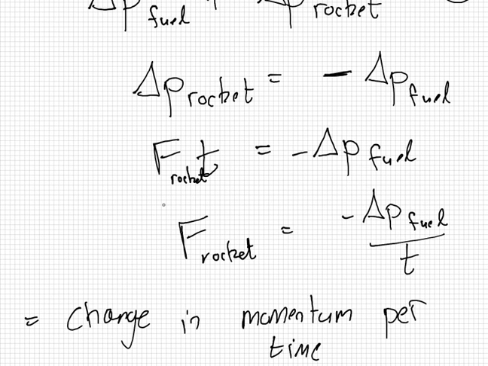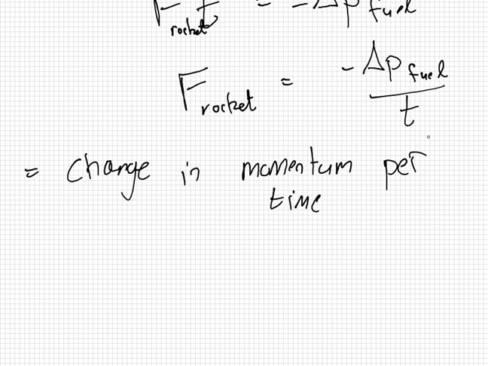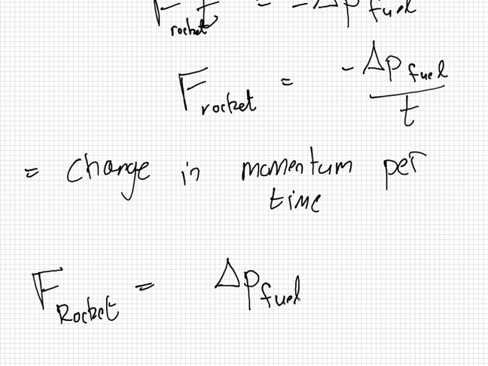That's force, isn't it? But you knew that because what's this here? Force, yeah. So you get this important or useful formula. The force that the rocket has that drives it up, that's equal to the change in the momentum of the fuel per second.